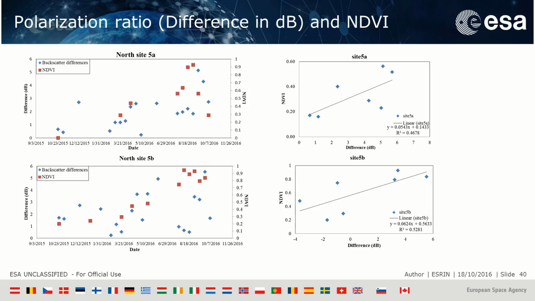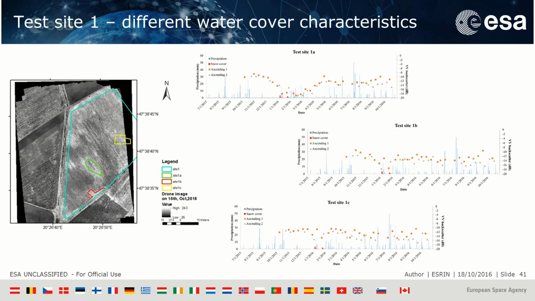So we can state that there is a statistical relation between the polarization ratio and the canopy that is there on the areas. After this, we found areas where we had very long-term inundations, and on this aerial photograph you can see this area.